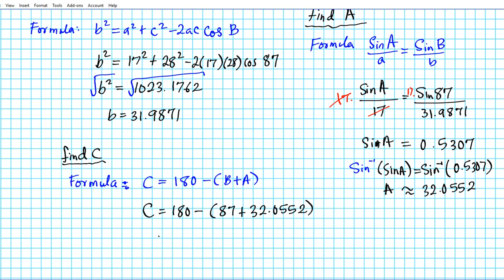And then that shows us that big C is approximately 60.9448. Alright, so that's basically how we use the law of sines and law of cosines.